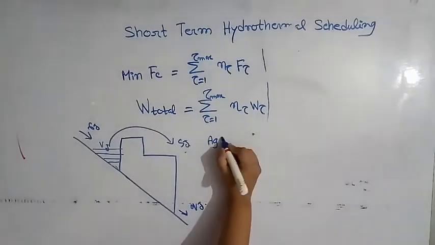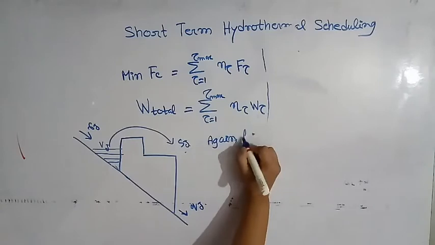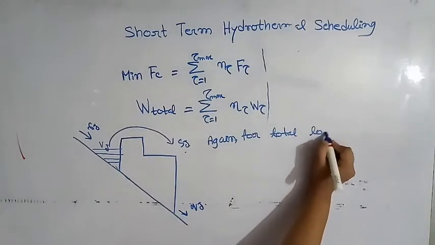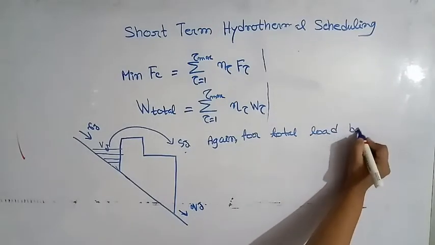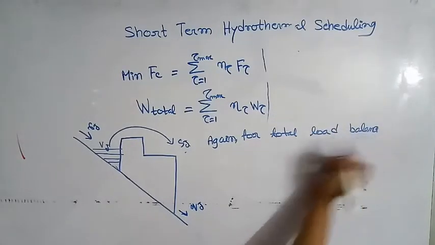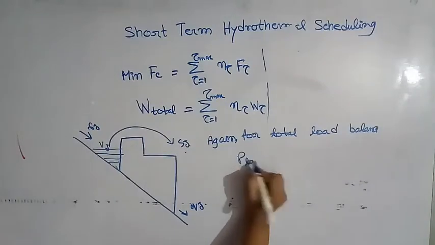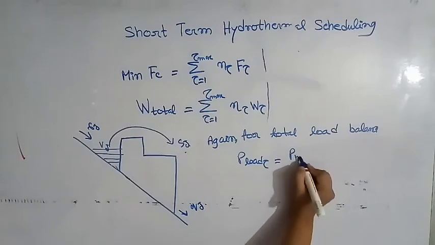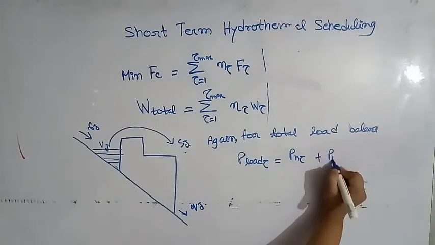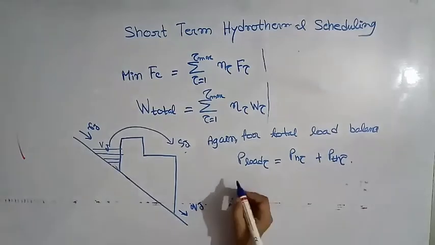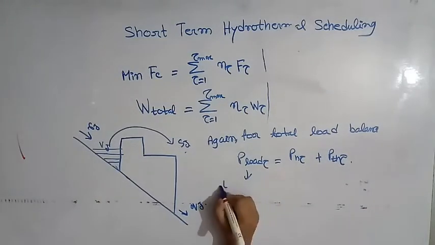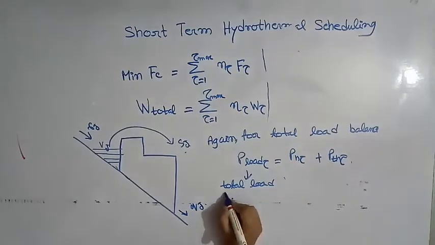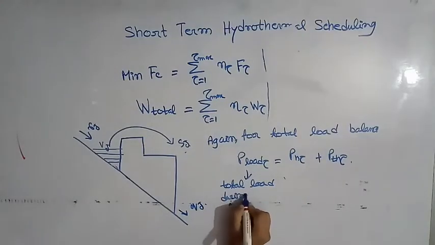Now again, for total load balance, P load tau is equal to PH tau plus PTH tau. Now P load tau is the total load during tau time.